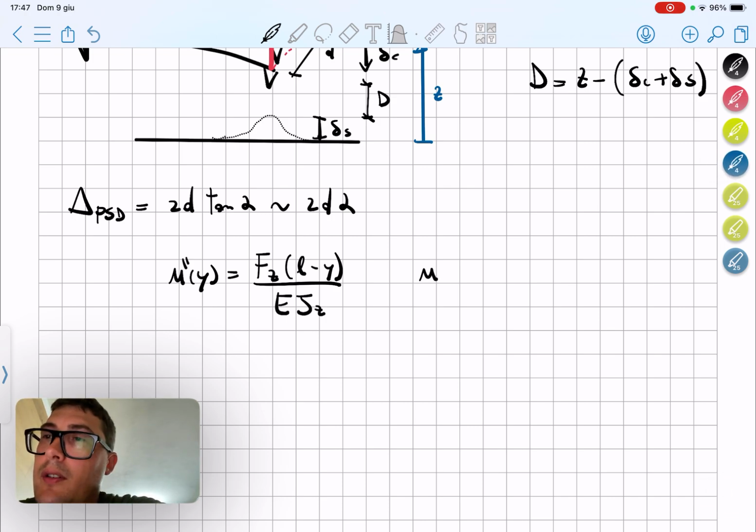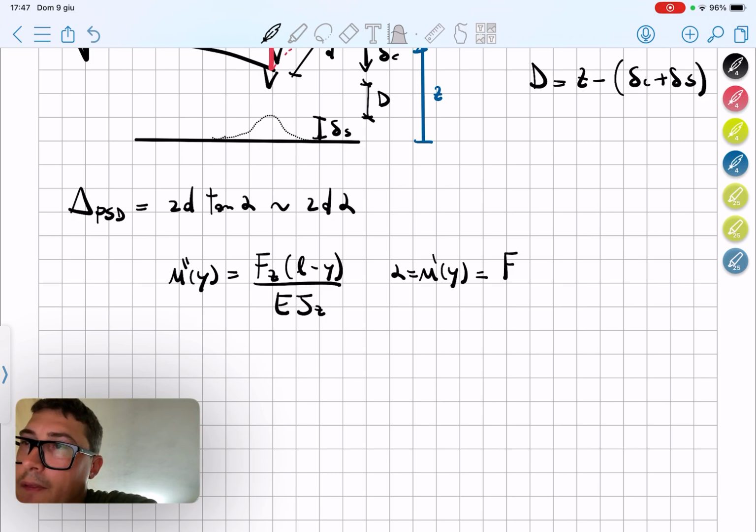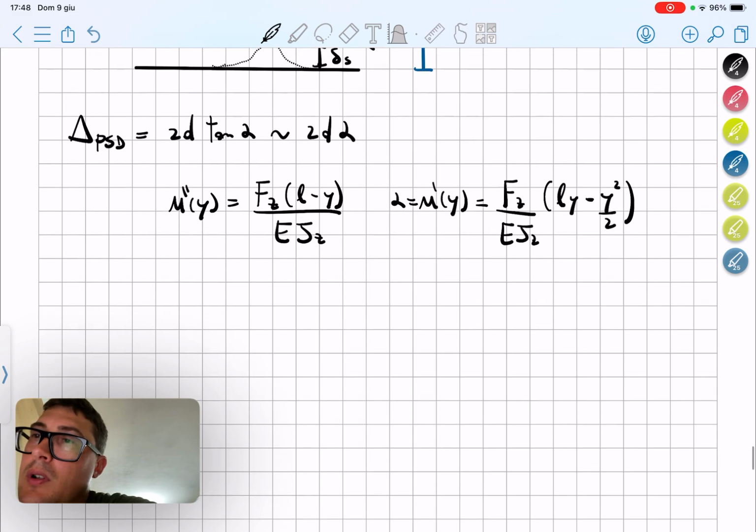So if we integrate, we have a rotation, our alpha that we are looking for, which is F_z divided by EJ_z times (Ly minus y squared over 2).